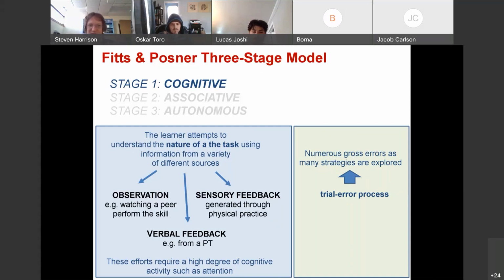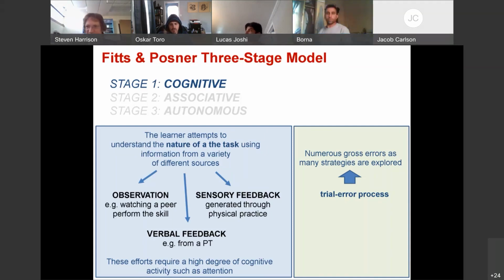So in this cognitive stage, you're going to have a broad conception of what it is that you want to do. And you're going to try some strategies for trying to achieve that. When you actually try to put it into physical practice, your conception in some cases is going to play out really well, and in other times it's going to suck.